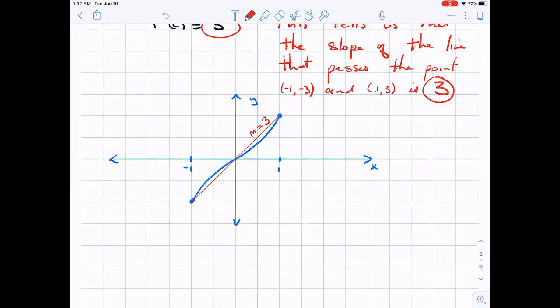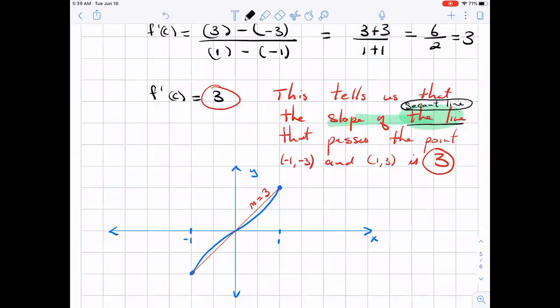That's all it tells me. Keep in mind that the red line is some secant line. So the slope of this red line that I drew is m equals 3. That red line is a secant line.